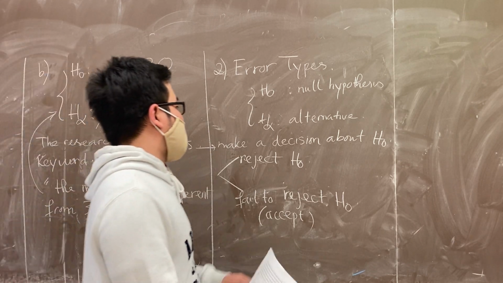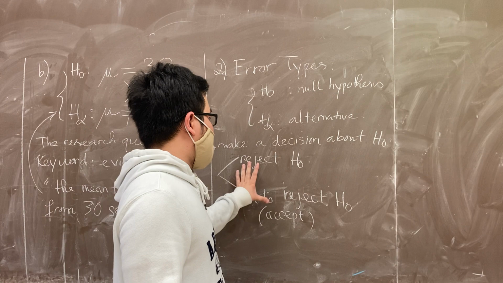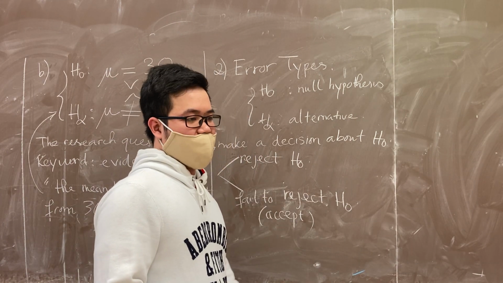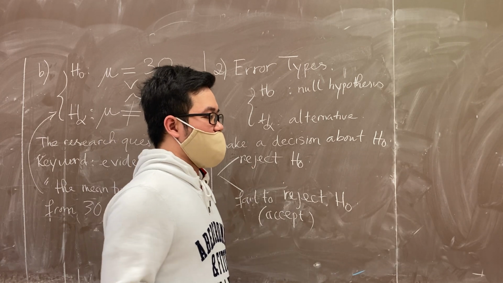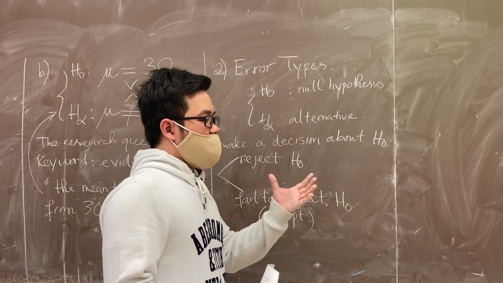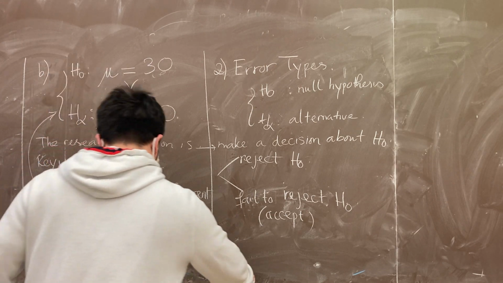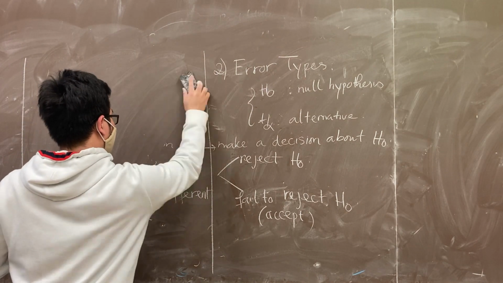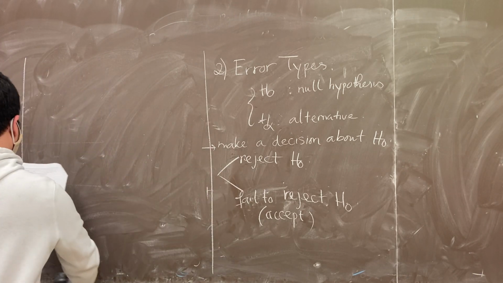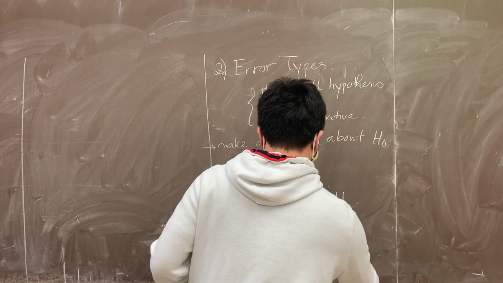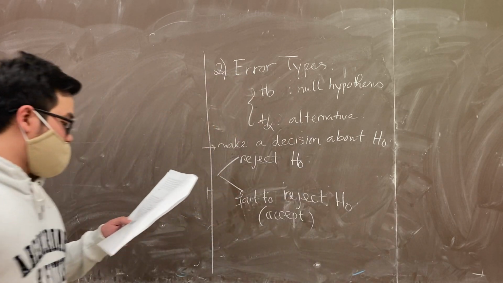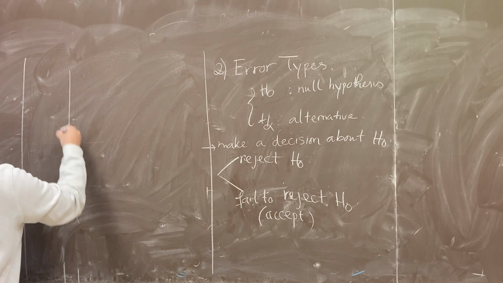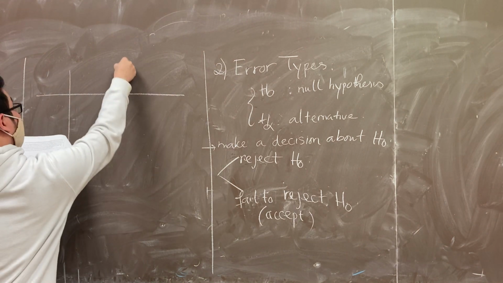And when you make the decision about this, you will make the correct decision or you will not make the correct decision, right? When you do not make the correct decision, you will get some error. So we will talk about this. Okay, I will draw the table for this.